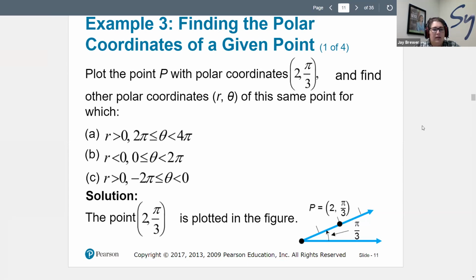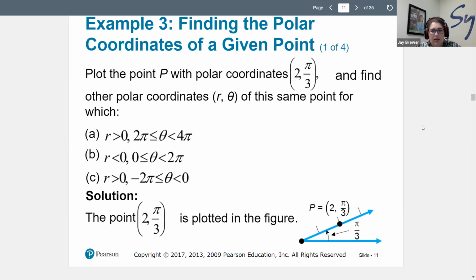For solution B, they want r to be less than 0, and theta to fall between 0 and 2 pi. And for solution C, they're looking for r greater than 0, but theta between negative 2 pi and 0.